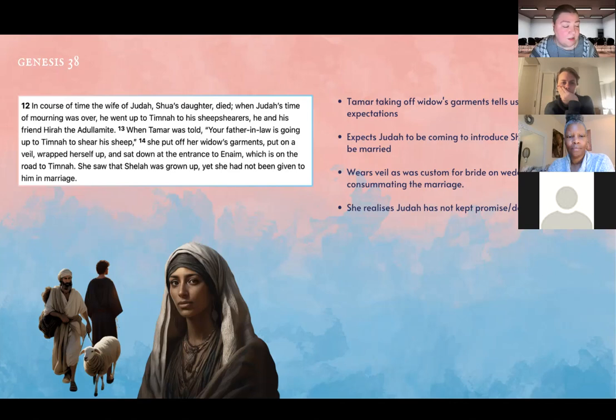She wears a veil because this is the custom back then of a new bride and how she would be introduced to her husband on the wedding day before consummating the marriage. And so her taking off her widow's clothes basically tells us what she thinks is about to happen, only she sees that Shelah is grown up and hasn't been given to her in marriage yet.